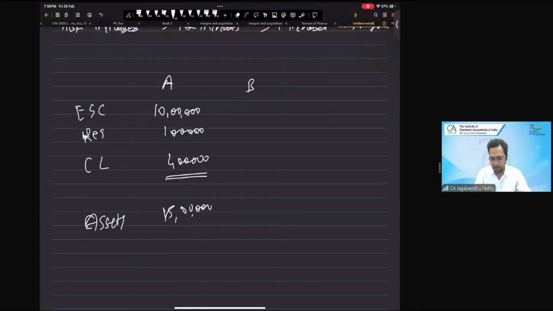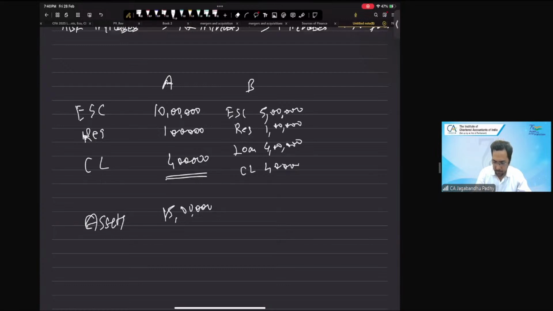Then we have another company B which has got equity share capital of 5 lakh, reserves of 1 lakh, loan of 4 lakhs, current liability of 4 lakhs. And of course, assets were 15 lakh.